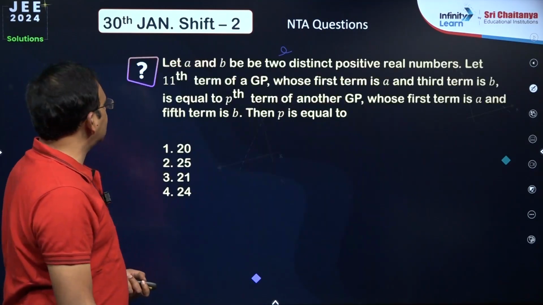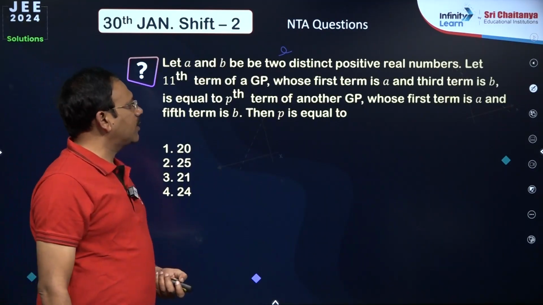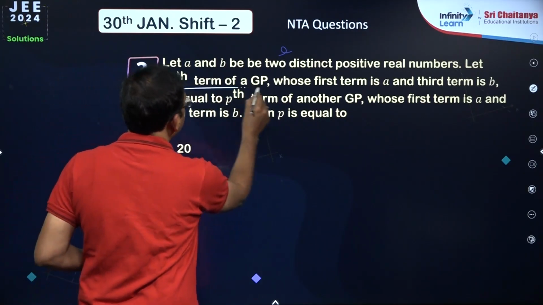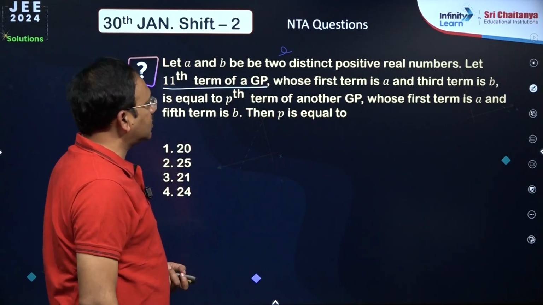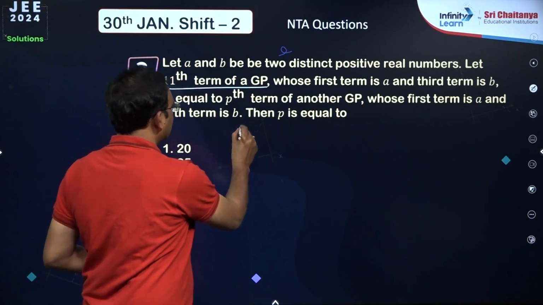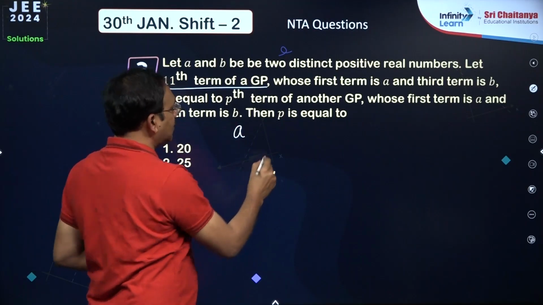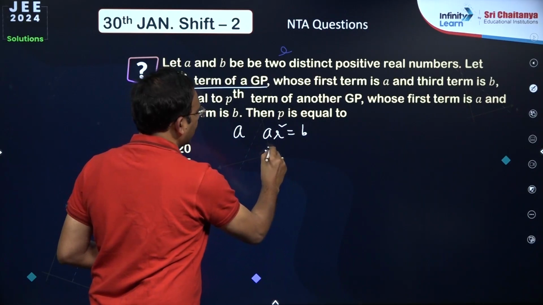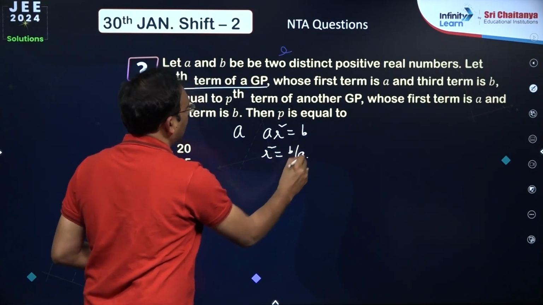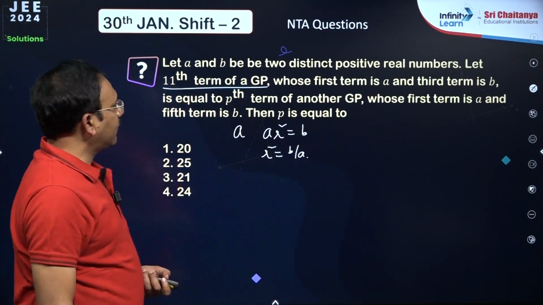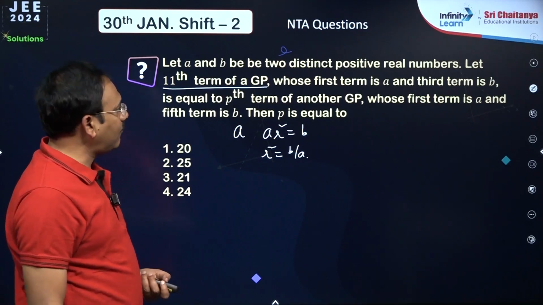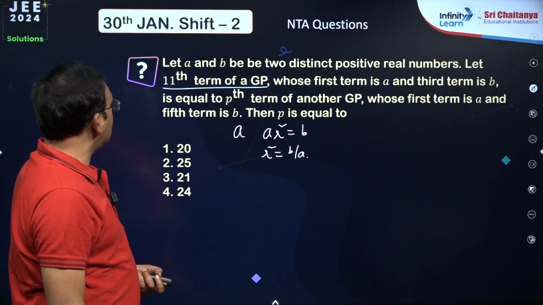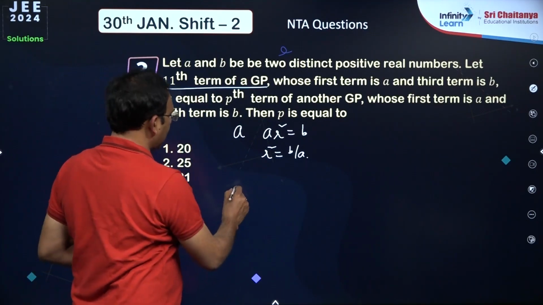That's all. Next, you see A and B are two distinct positive real numbers. Consider the 11th term of the GP whose first term is A and third term is B. Suppose the first term is A, the third term means A r square is given as B. So r square is equal to B by A. What about the 11th term of this?